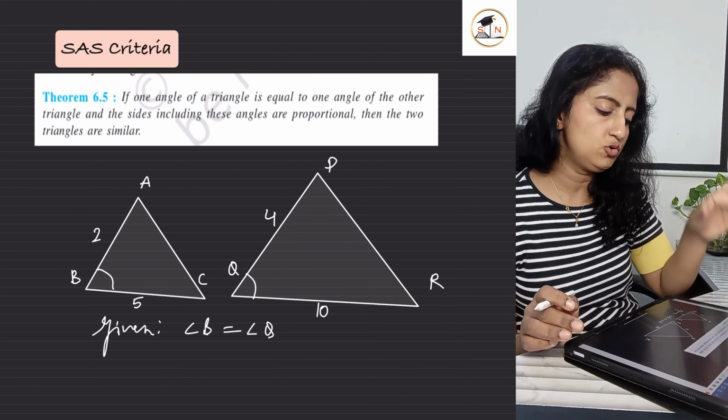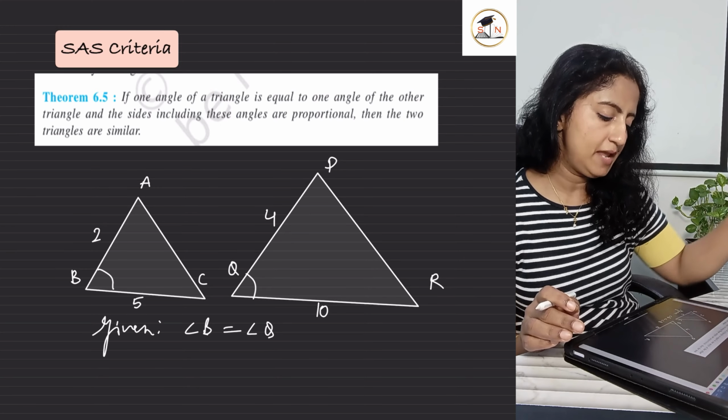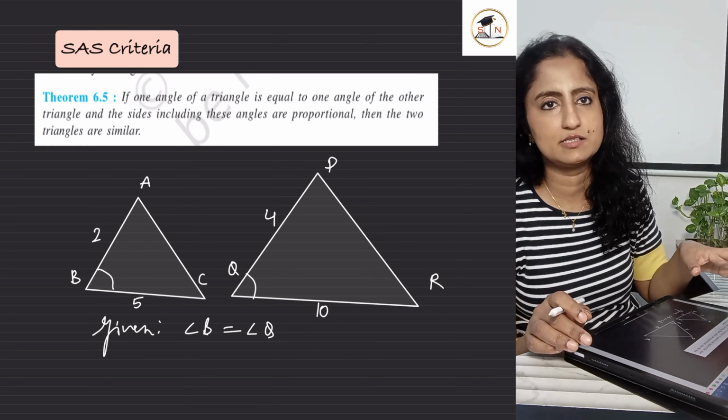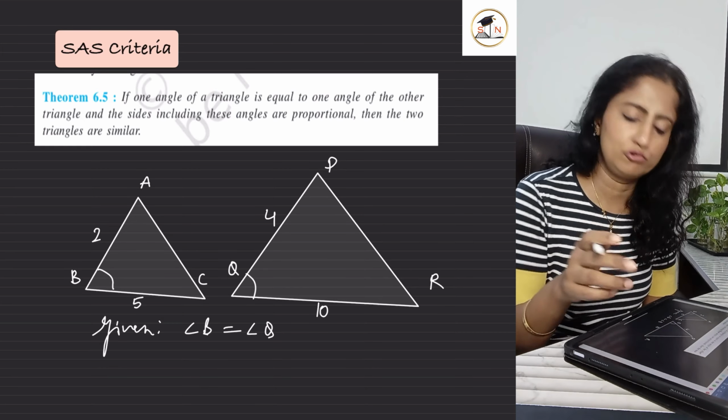Angle B or angle Q is coming between the sides AB, BC and PQ, QR respectively of the two triangles. Okay, so we are talking about those two sides.